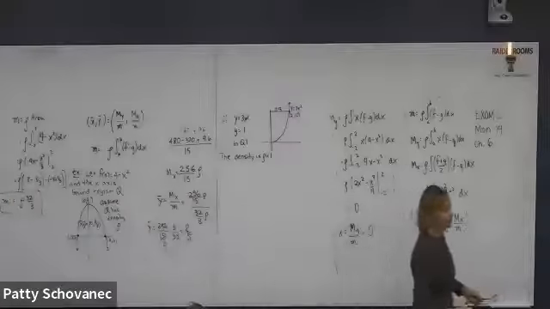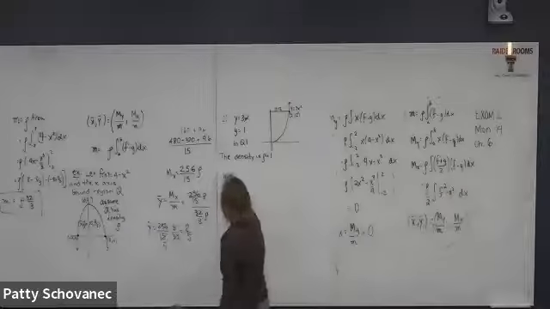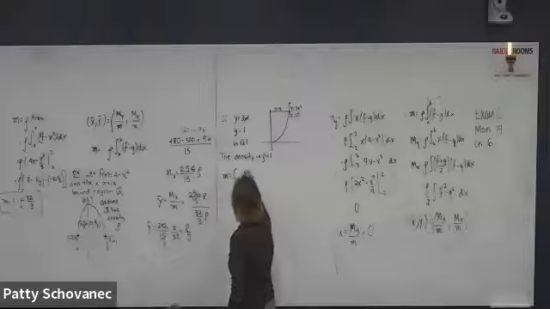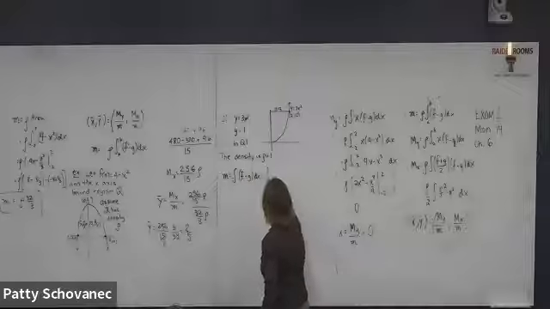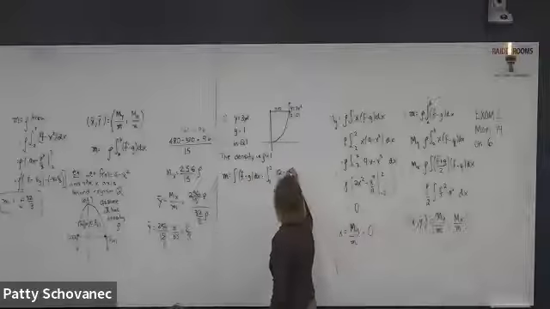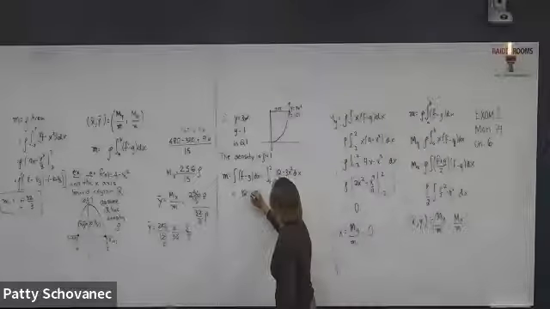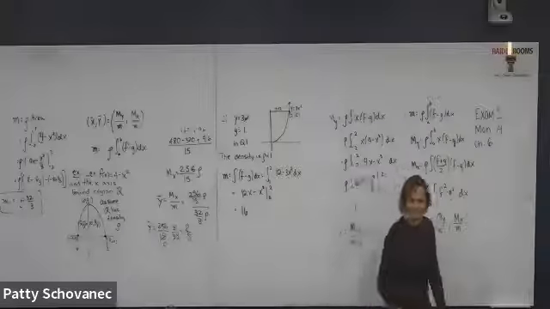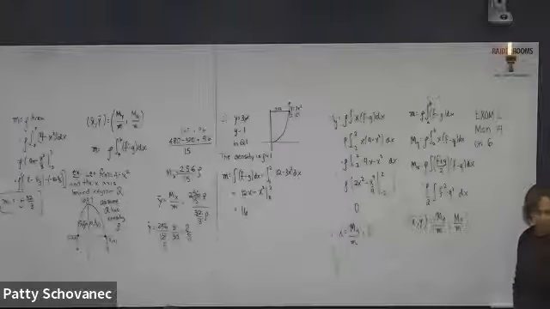Let's calculate the area: the integral of top graph minus bottom graph dx. Done. Put it in the box so we don't lose it.